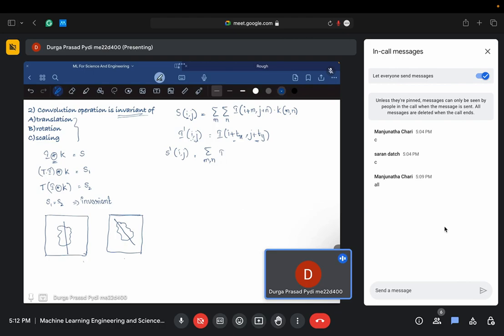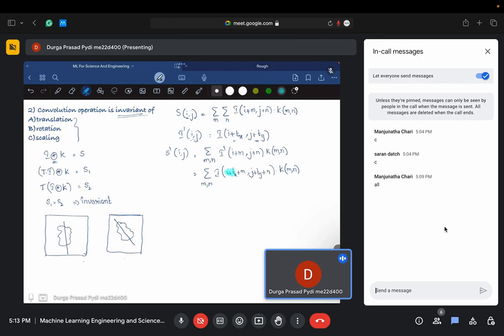It will be I prime of i plus m, j plus n, which is equal to I of i plus tx plus m, j plus ty plus n.